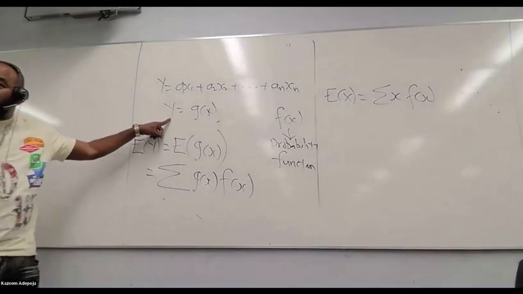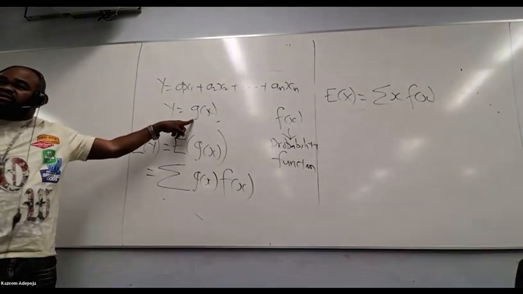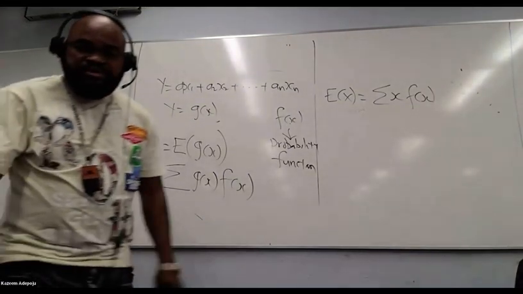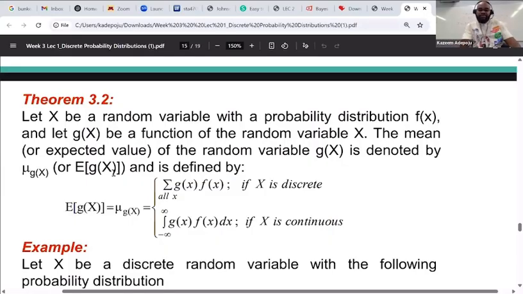But where Y is a function, it's taken as a random variable, which is exactly what I'm doing here. This is the situation where we're dealing with discrete. This week we're not dealing with continuous. This is the situation for continuous. Now, let us go into an example.